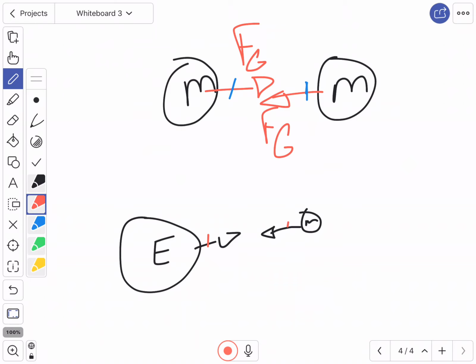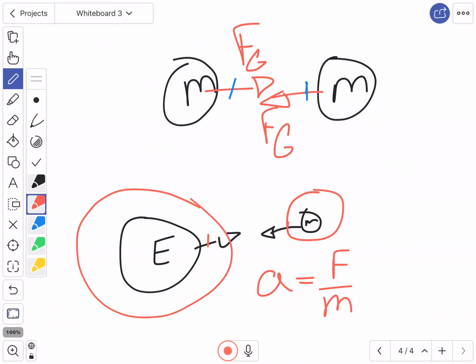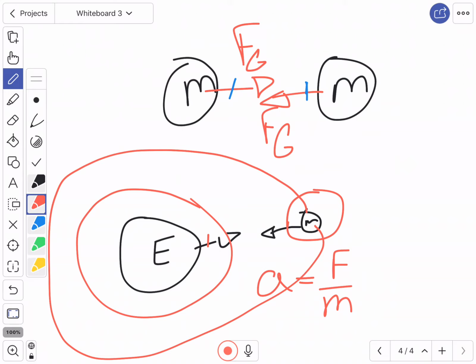The difference is the acceleration. Remember, the forces are the same, but due to Newton's second law, the results are much different. The mass of the moon is substantially smaller than the mass of the Earth. Because of that, the moon accelerates around the Earth by going in a circular pattern, right? Remember, it's changing its direction all the time.